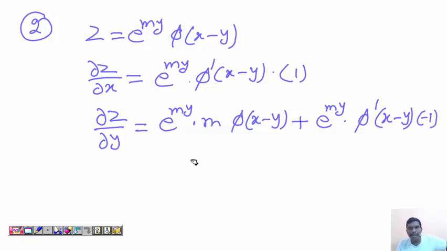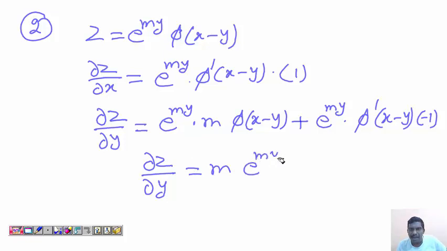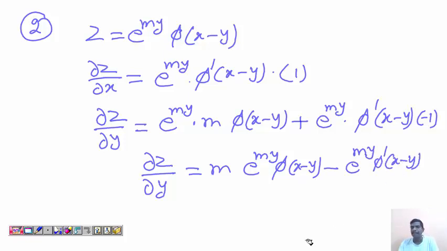Now see that here it is quite an easy way to eliminate phi. Dou z by dou y is equal to m into e to the power of my phi of x minus y, and here it is minus e to the power of my into phi dash of x minus y. Now, see these two terms. This one term I can replace by z.